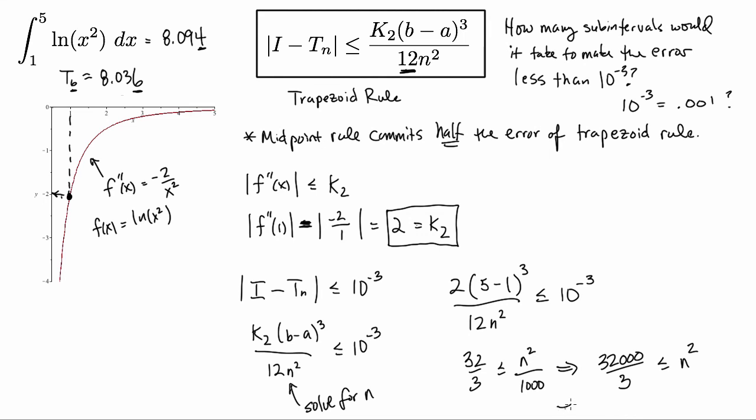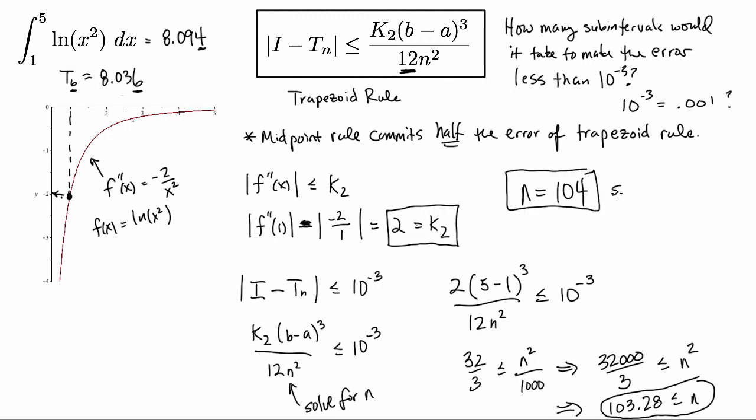And if I take the square root of both sides, the square root of this side is 103.28. And so n needs to be greater than or equal to that number in order to make this occur. Because that's not a whole number, we need n to be 104 subintervals.